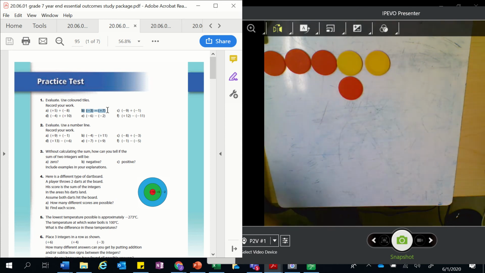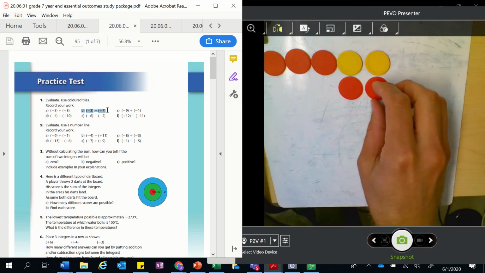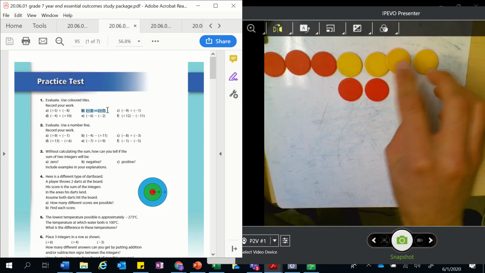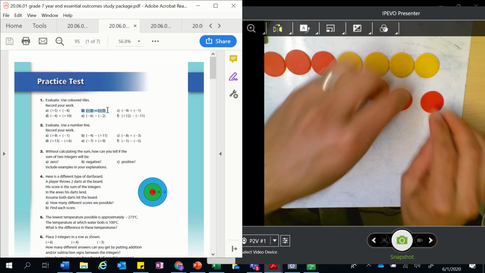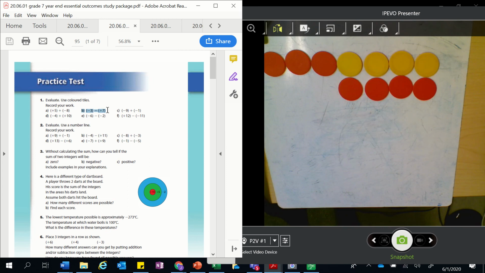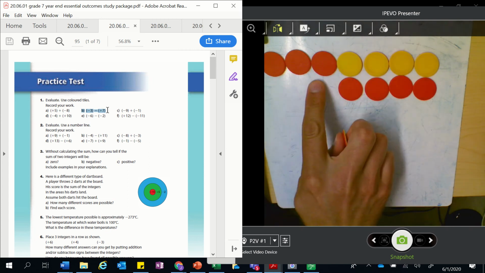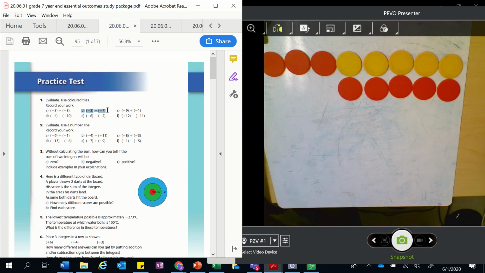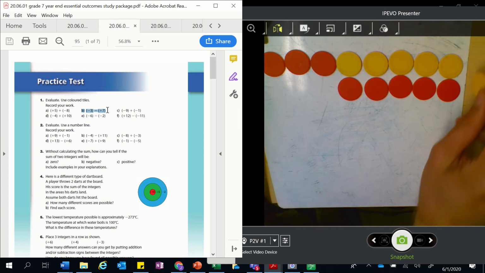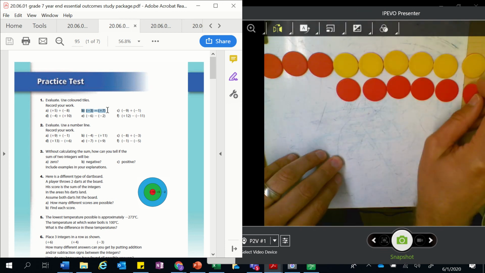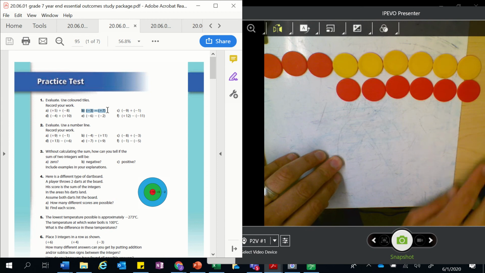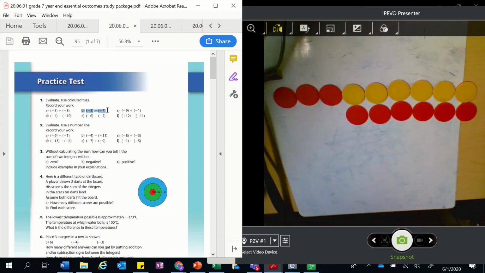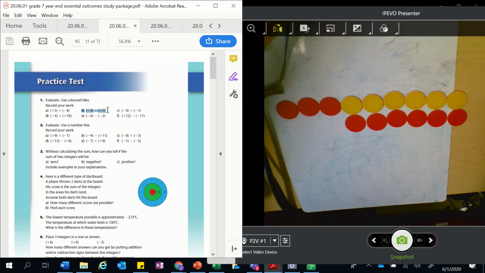You'll notice I'm adding 0 pairs. As I add 0 pairs, I am not adding to the overall value on the board, because minus 3 plus 0 plus 0 plus 0 plus 0 plus 0, etc., does not make any difference in the overall value of the problem. I don't know if I can fit all these on camera. I have to get even just a little bit further away here.